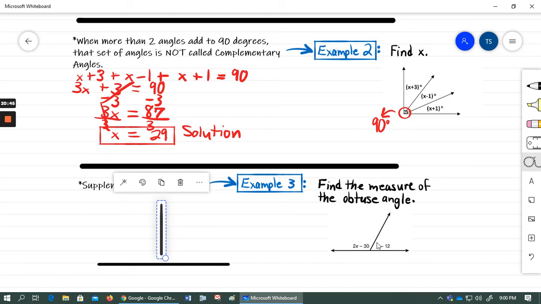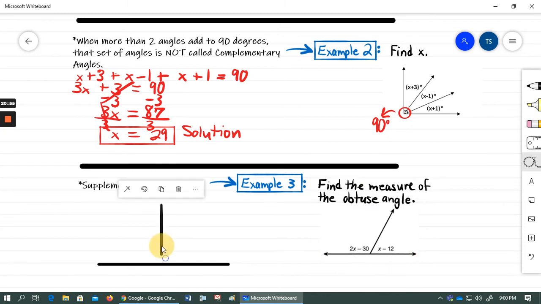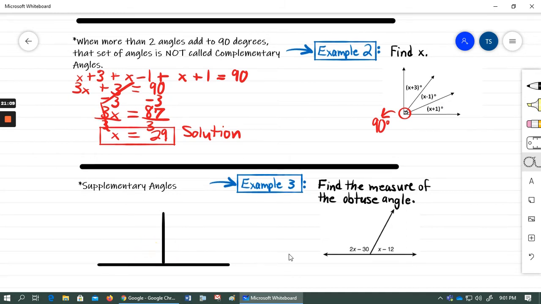All right, so guys, I put that there just to make sure that everybody knows what we mean when we say obtuse angles. As it stands right now, these two angles that you're seeing here, this one and this one, look like right angles.